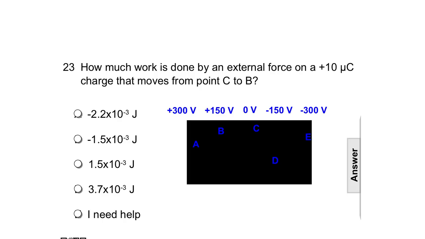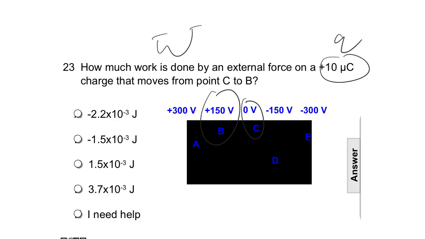Okay, so how much work is done by an external force on a 10 microcoulomb charge? So that's little q, because it's moving from point C to B. So point C is 0, and point B is 150. So the change in V is V final minus V original. So that'd be a positive 150 volts.